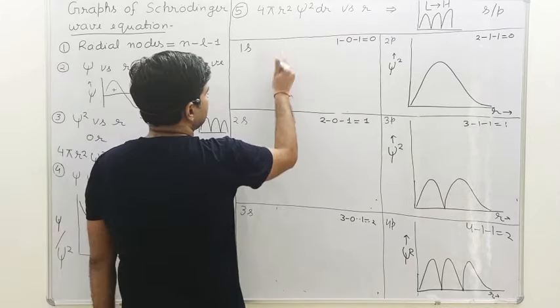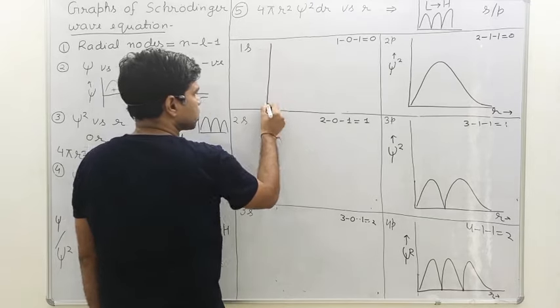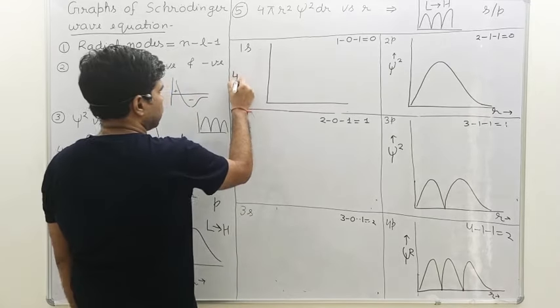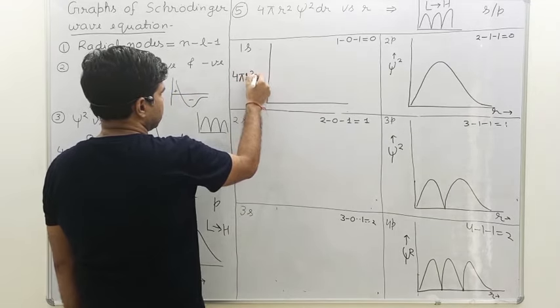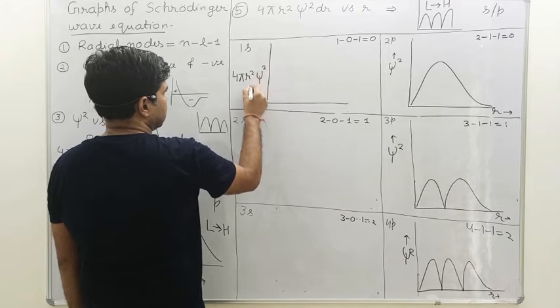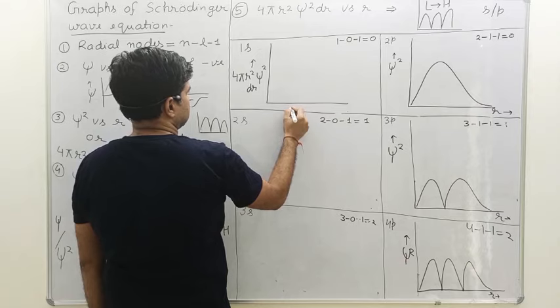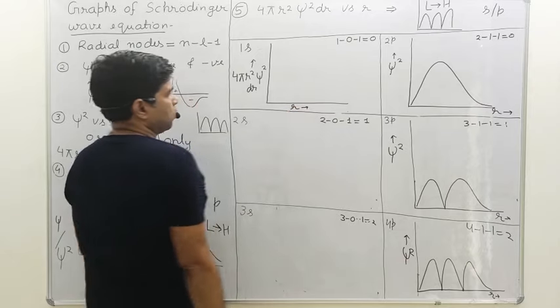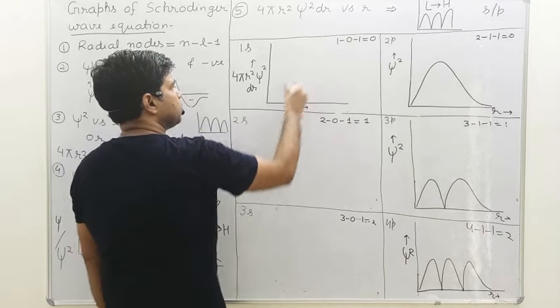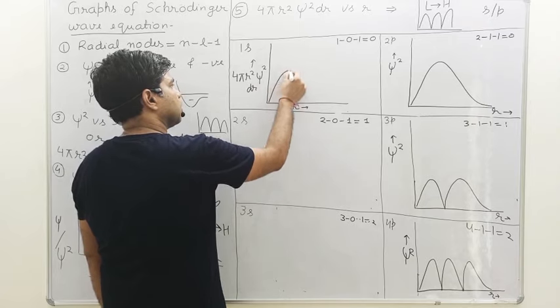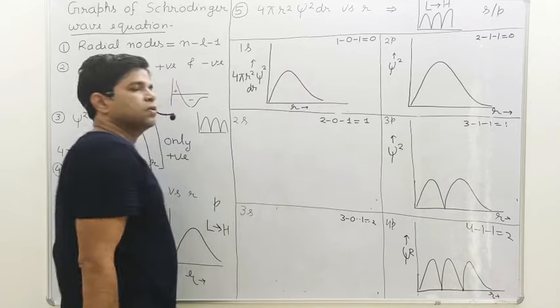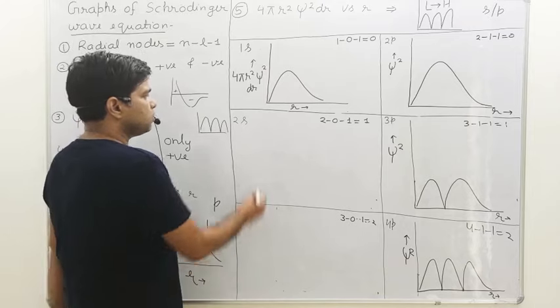So let's see the graph of 4 pi r square psi square dr versus r. Okay, here student, radial node is 0, so you cannot touch this graph to the psi is equal to 0.